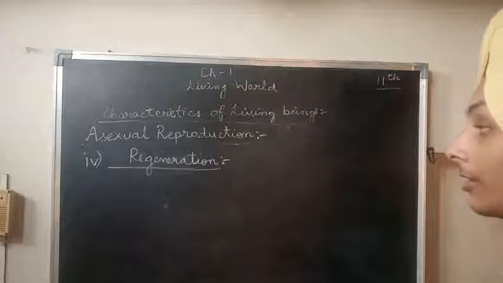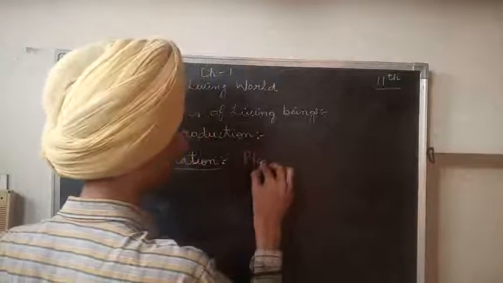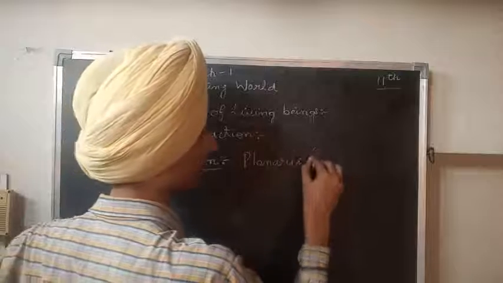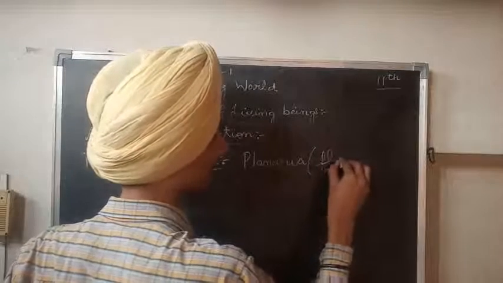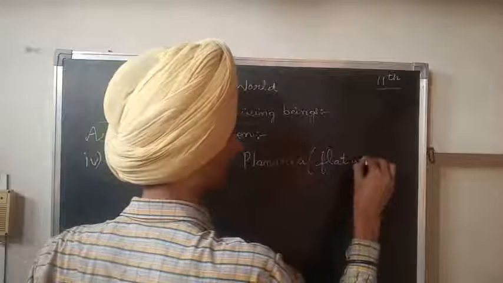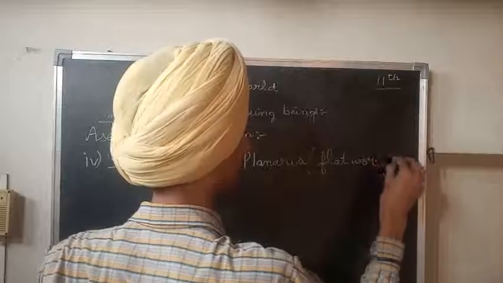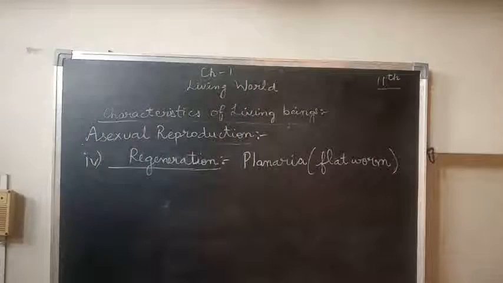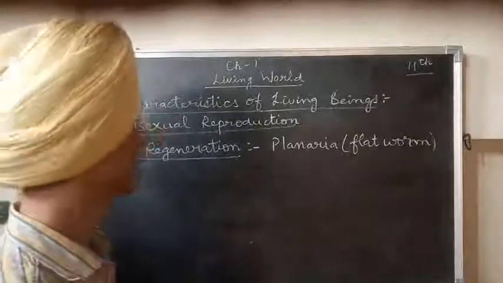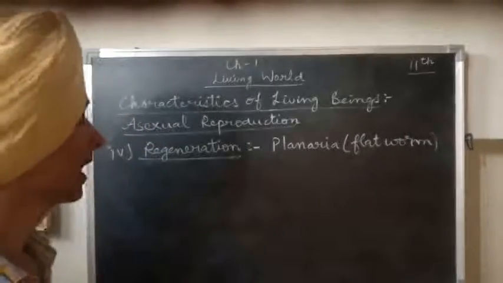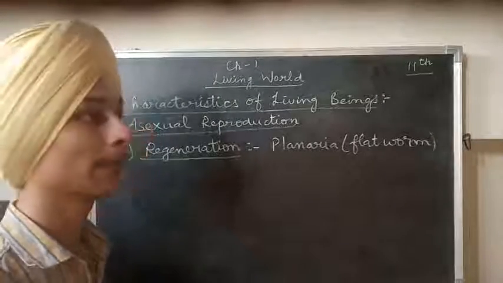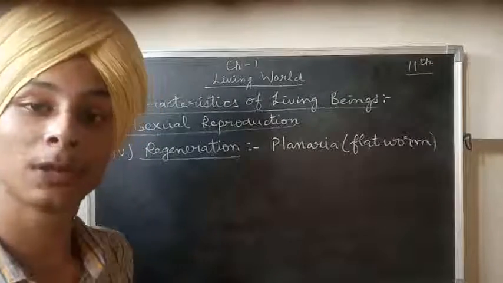A common example of regeneration is planaria, also known as flatworm. Planaria is the best example of regeneration. Regeneration means renewal or restoration of a part of an organism that has been lost.